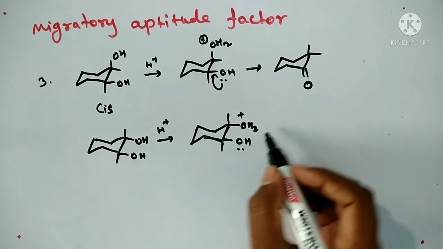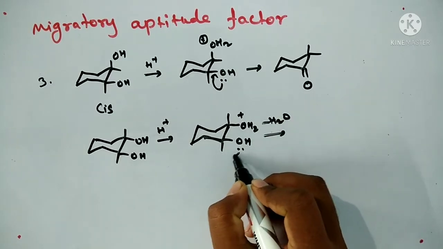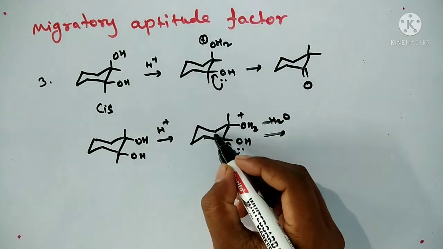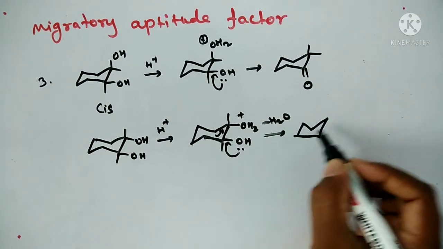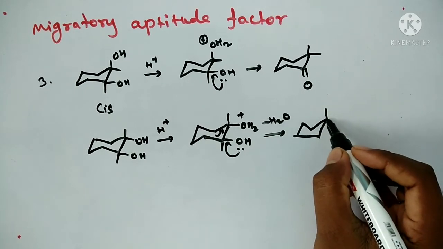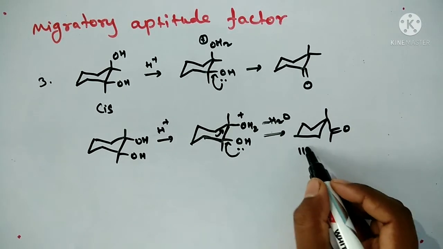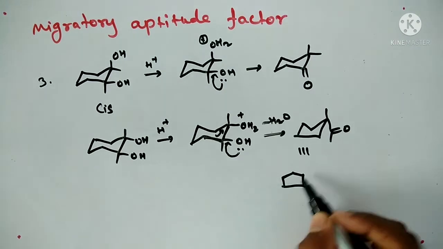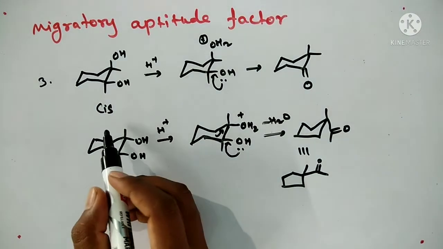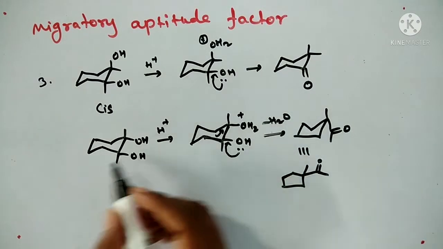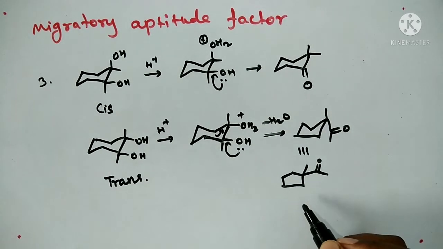So the elimination of a water molecule happens and, at the same time, ring contraction occurs. This bond comes here, and automatically this bond goes here. So you get a methyl and ketone and methyl. In the cis case you will not get any ring contraction. However, in the trans case, ring contraction happens.